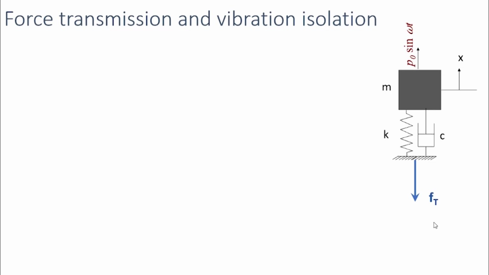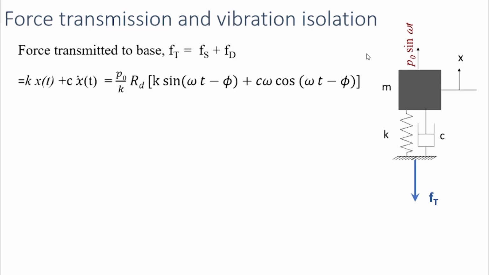We have to find the force transmitted to the support, and this force will be equal to the force in the spring plus the force in this damper. So the transmitted force to the base is equal to spring force plus damping force.